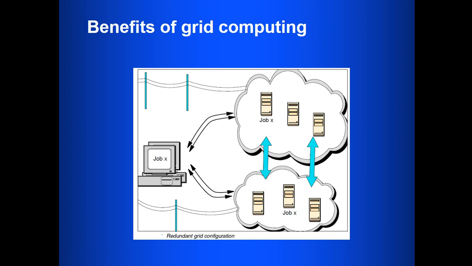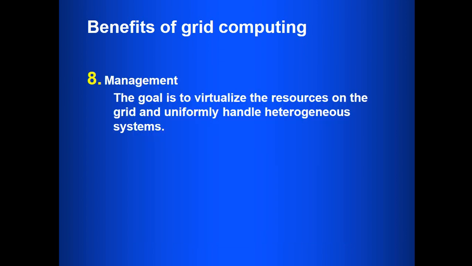This can create and provide reliability for grid computing, because if one node crashes, another node can execute job X.